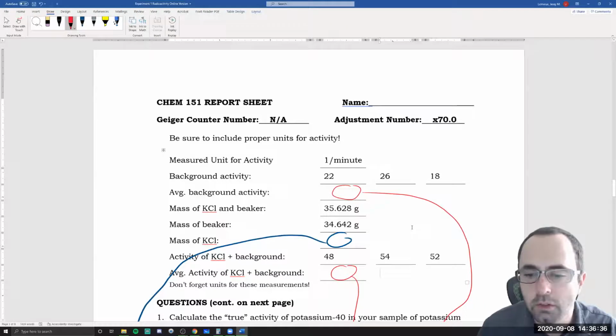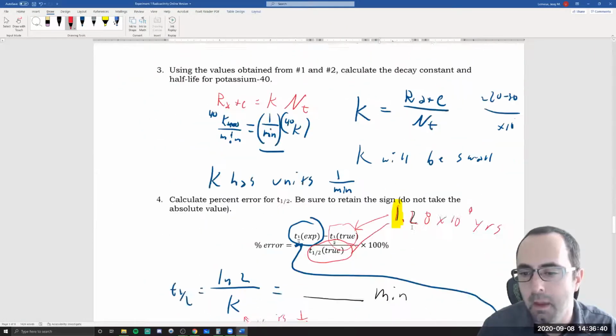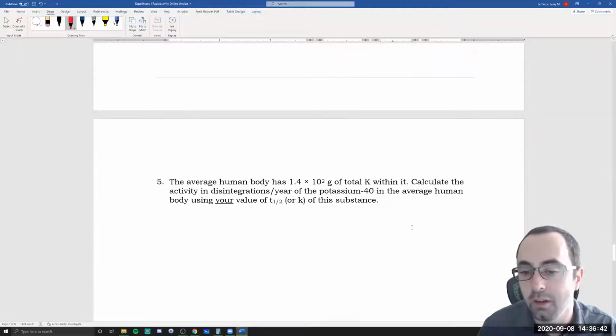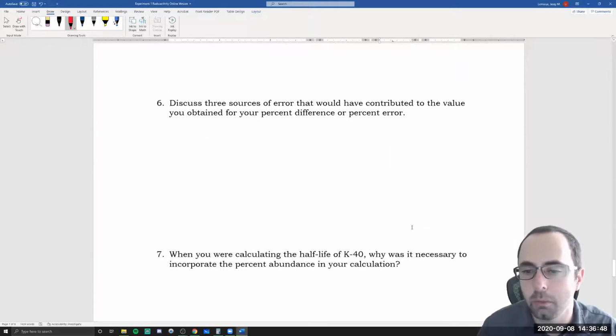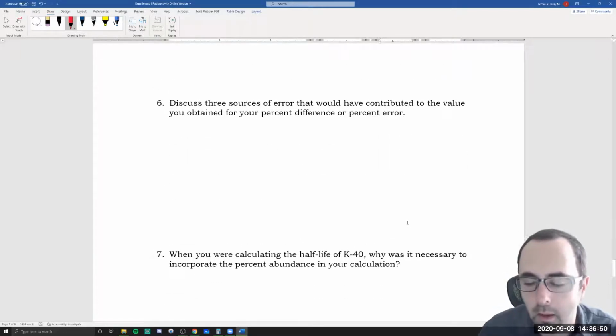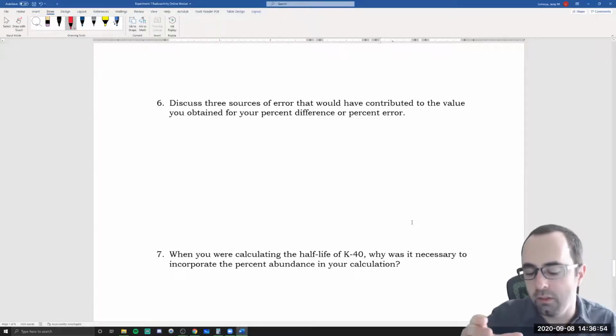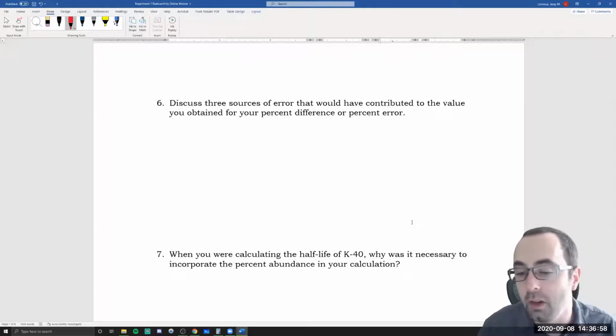Other contributors to your error could be that the calibration of the detector itself can be quite difficult because, again, we're only measuring over a short period of time. There's also the possibility that the detector is not calibrated well or not capturing all of the radioactive events.